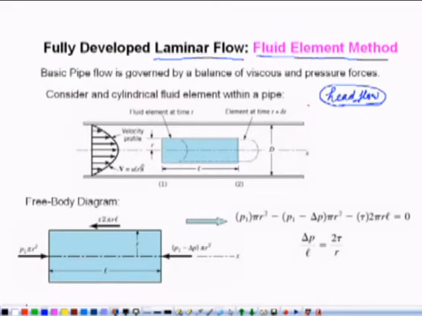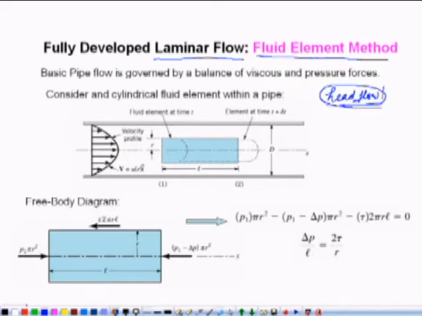We can go for the solution of the Navier-Stokes equation for finding out the head loss for laminar flow or for turbulent flow, or we have the control volume approach. With the help of the control volume approach also we can develop the relationship and find out the head loss. So we are going to discuss the control volume approach or fluid element approach for finding out the head loss.